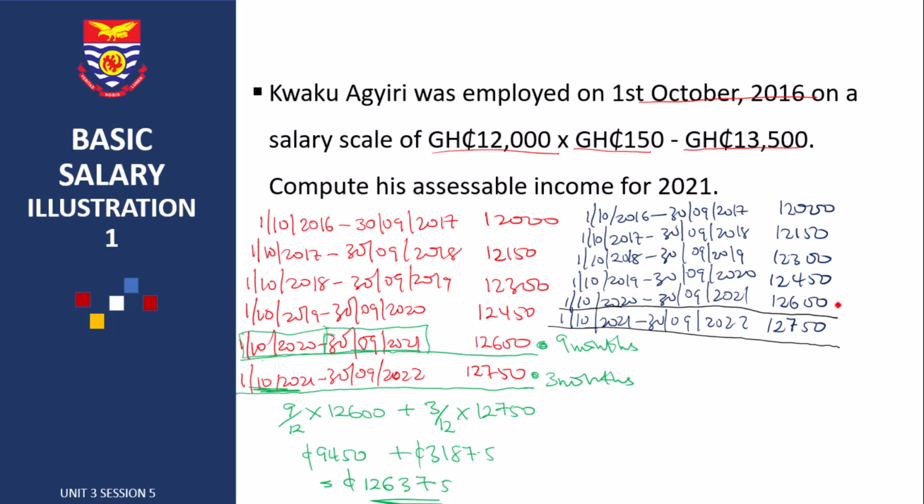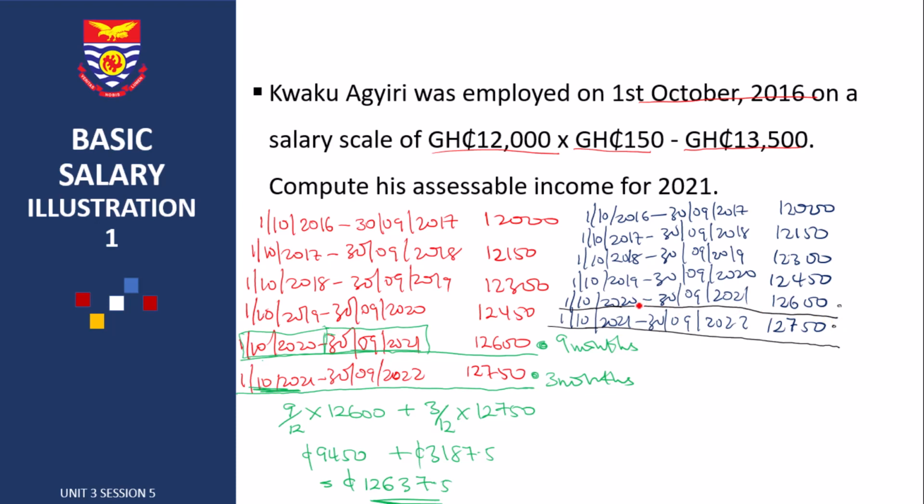So we have to find the number of months at this level and the number of months in this level. When you find for the first level, you deduct it from 12. That gives you the next one, because in a year, we have 12 months. So if we have a number of months represented at this level, it means at the next level, the remaining months are there.